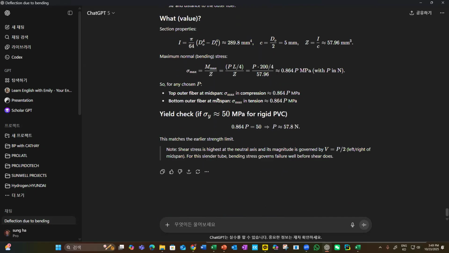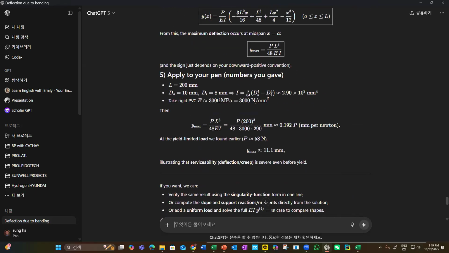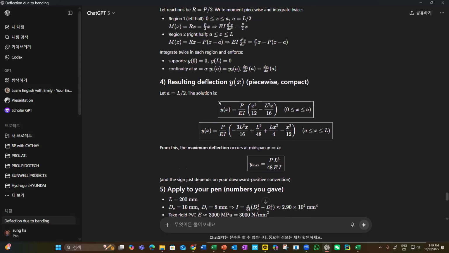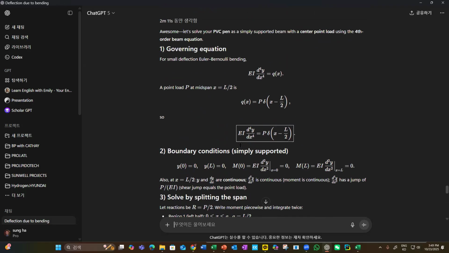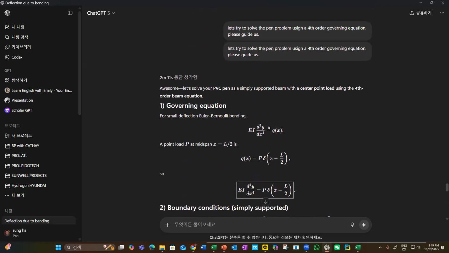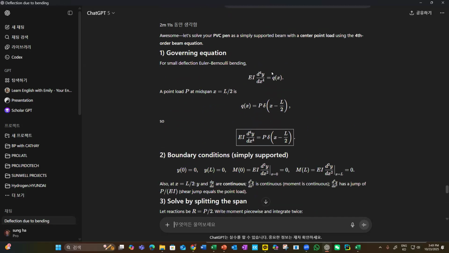You can practice the mathematical integration, and the integration constants can be obtained from the boundary conditions, which you can do. But conceptually, the more important point is not the mathematical detail, but this governing equation and the boundary conditions. This governing equation already took care of the equilibrium, material property, and strain conditions.